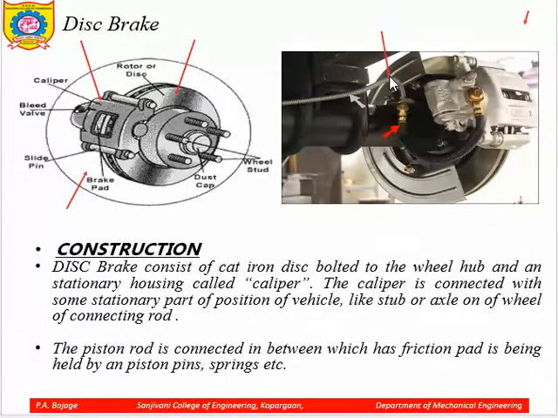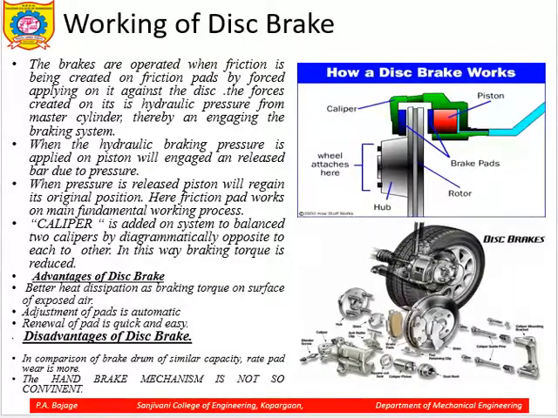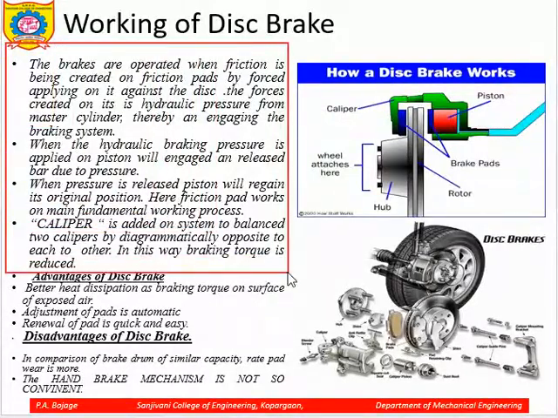You can see this is the hydraulic line with high pressure oil, and this actuates the piston cylinder arrangement, and the brake pads come in contact with the disc. In the next slide also the same thing is explained.